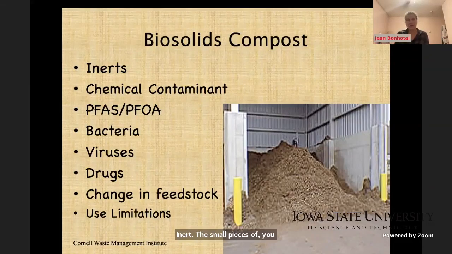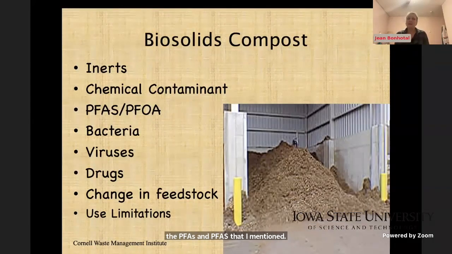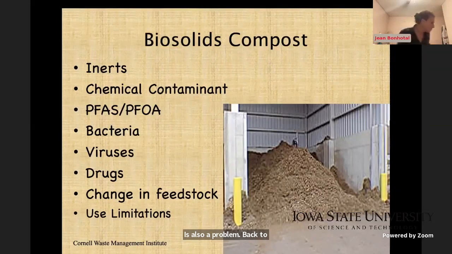It can be plastics, it can be anything that's not degradable. Chemical contaminants, there are plenty of chemical contaminants, the PFOAs and PFAS that I mentioned, is also a problem. Bacteria.